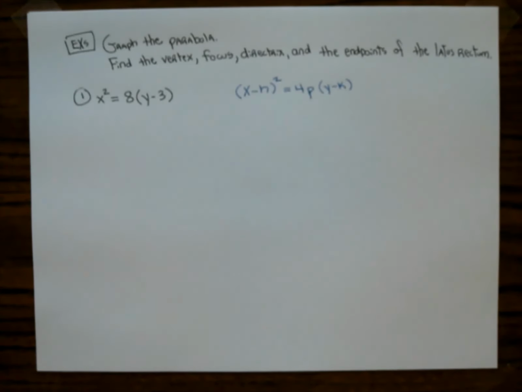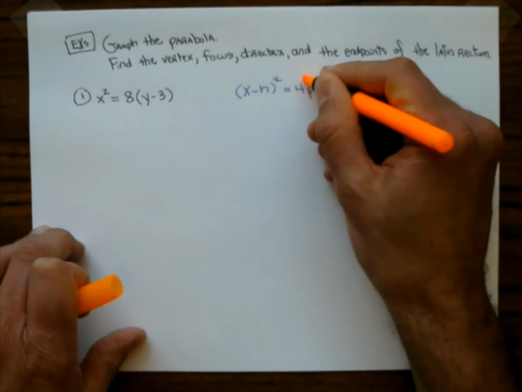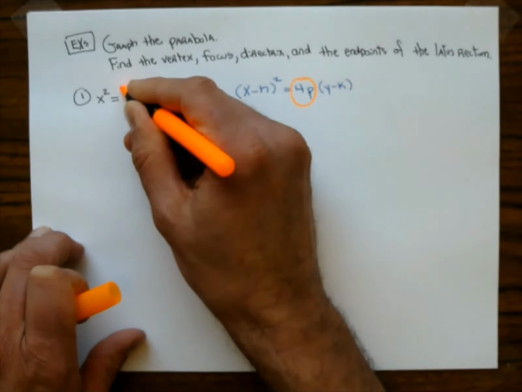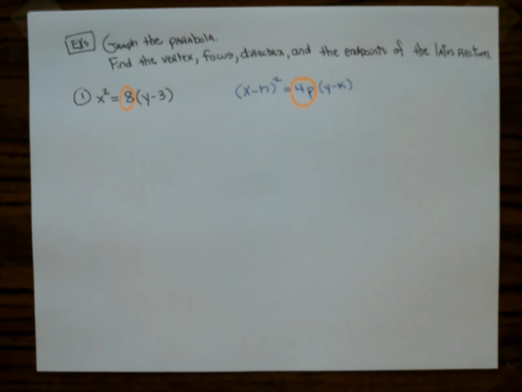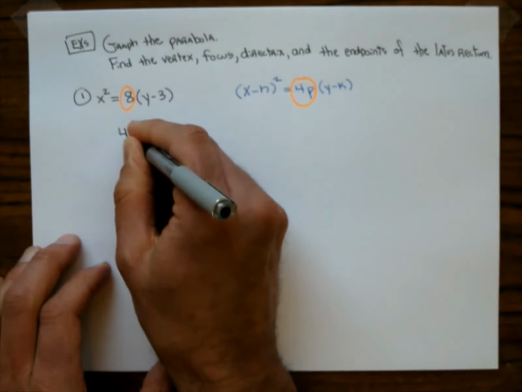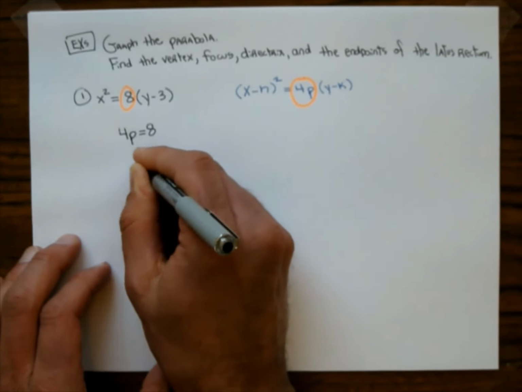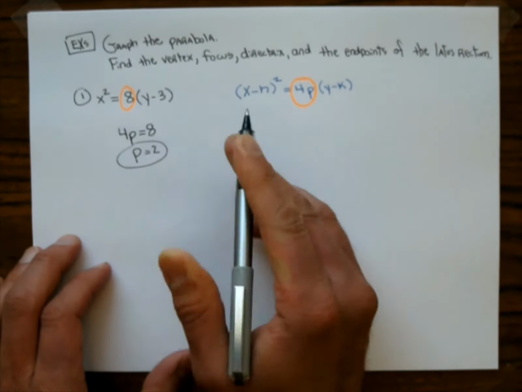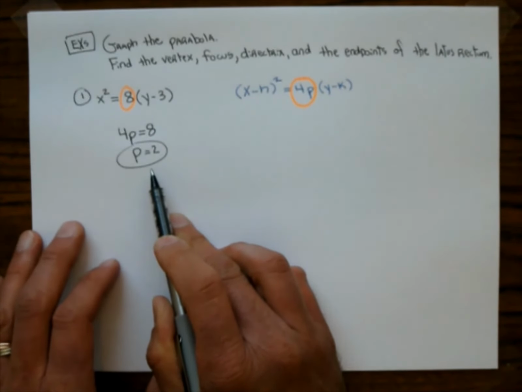Let's identify a few things. We can see from our example that 4p is going to equal 8. So p will equal 2, and that's going to be important. They never ask the value of p, but this is going to help us with this parabola.